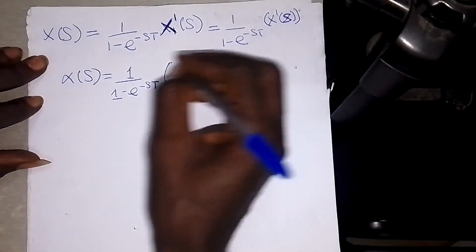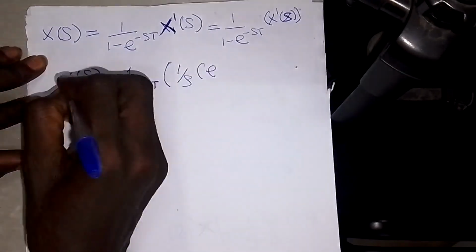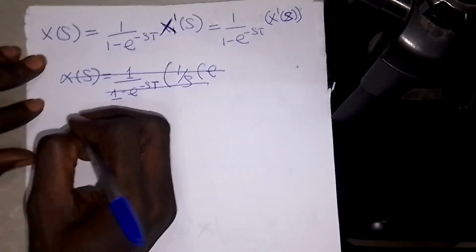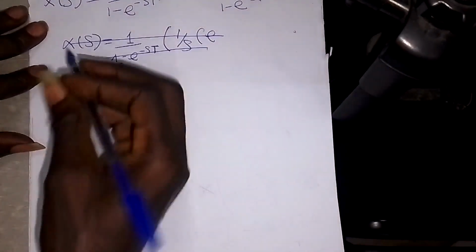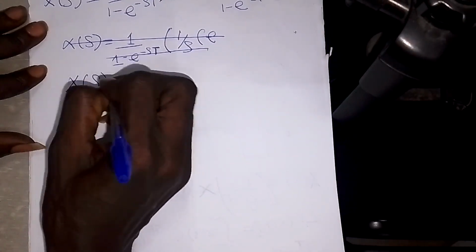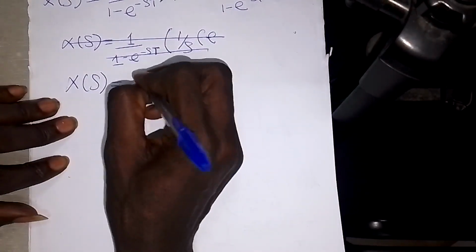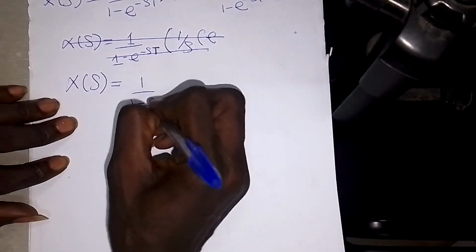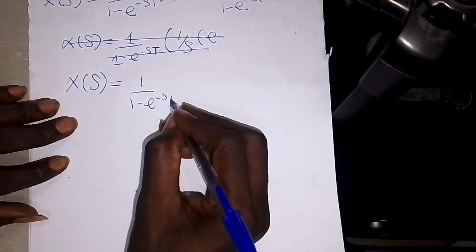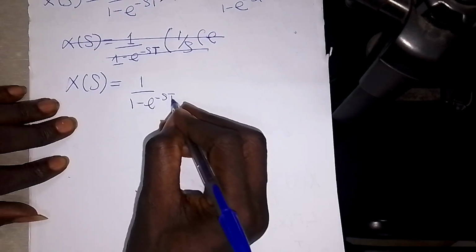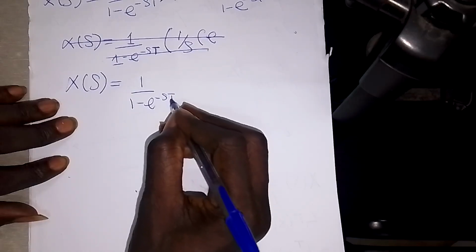Let me write this again. Let me cancel one again. So my x of s is actually equal to 1 over 1 minus e to the minus st. I maintain this T because my period is T, from the graph I showed you.